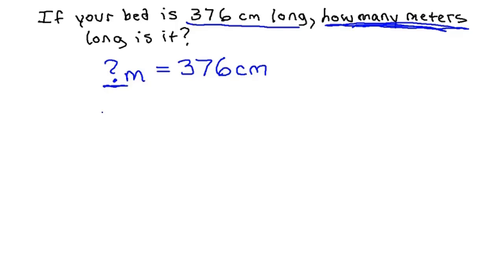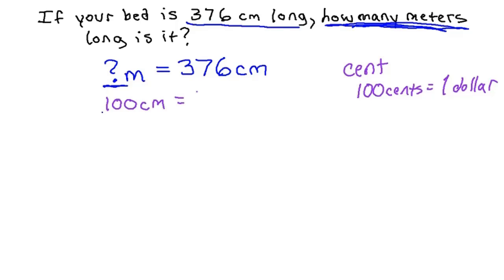Now we have to remember the conversion factors for centimeters and meters. And remember, as I was saying, 1 cent, 1 penny, 100 cents make $1. So likewise, 100 centimeters is going to make 1 meter.